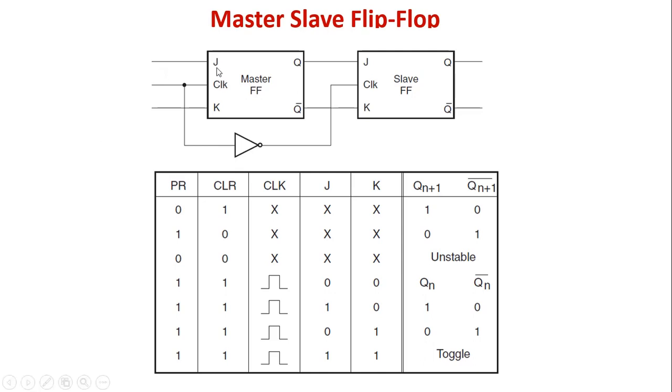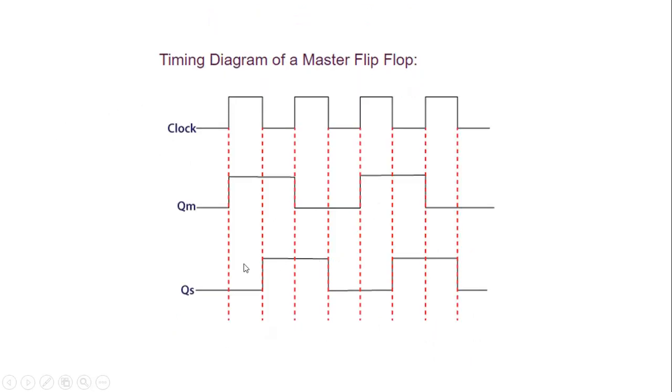So this JK flip flop is the master, this is the slave. This one is activating at clock equals 1 and this one is activating at clock equals 0. When the clock is 0, clock bar will be 1, so the slave will be enabled. Suppose we give the JK input as 1. At this point, the clock is positive, so the master will work but the slave will remain as it is.